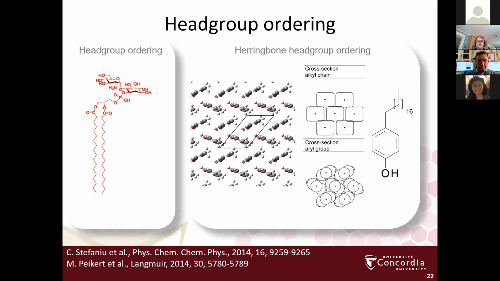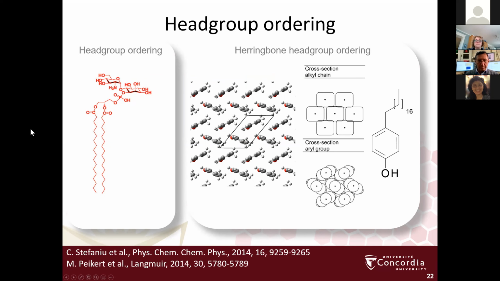Now, head group ordering has been reported for fatty acid molecular superlattices. It is less common, though, for systems such as this one that was reported by Gallard's group, where you have a large head group.